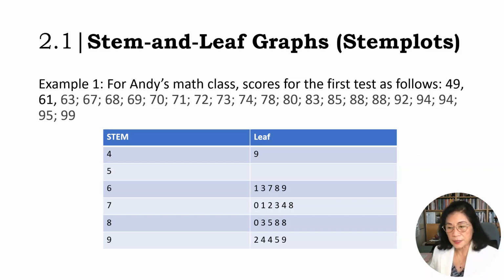Let's start with example 1. For Andy's math class, the scores for the first test are as follows: 49, 61, and so on up to 99. How do we set up these scores into a stem and leaf graph?